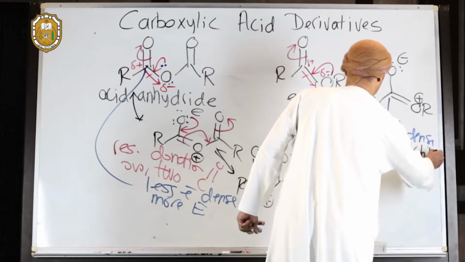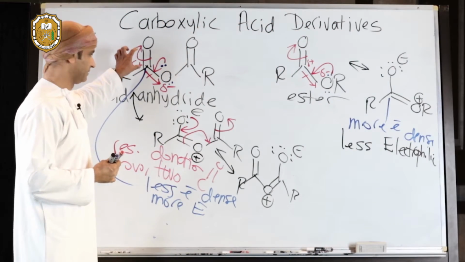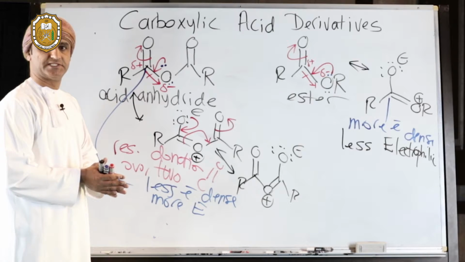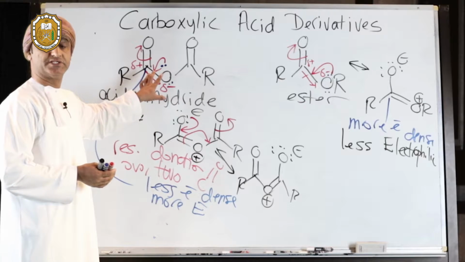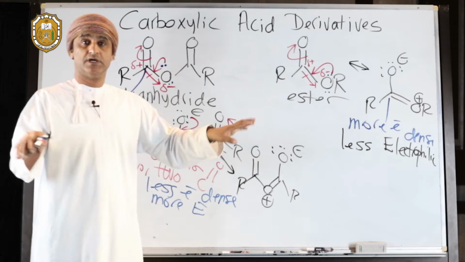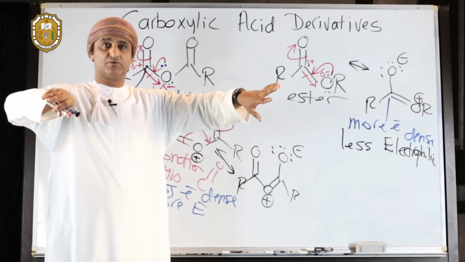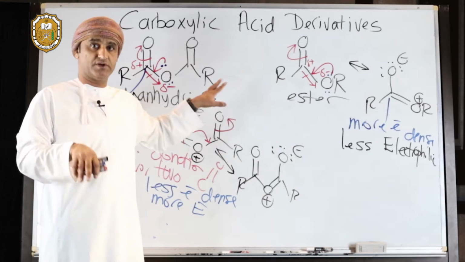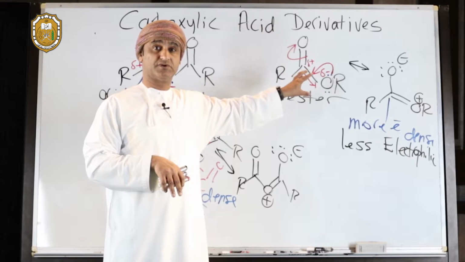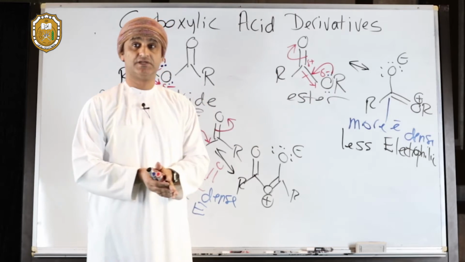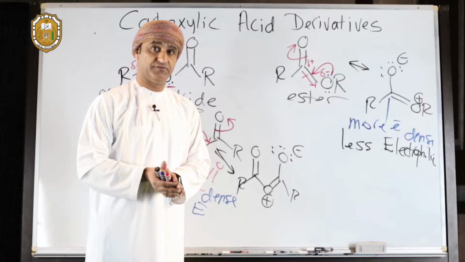So the carbon of the carbonyl group in acid anhydrides is more electrophilic than the carbon of esters because resonance donation here is spread over two carbonyl groups. Electron delocalization is over two carbonyl groups, whereas here the delocalization is only on one, so there's more concentration of electron density, so carbon in this case is more electron dense and less electrophilic.